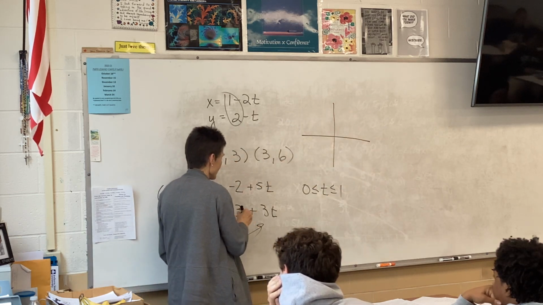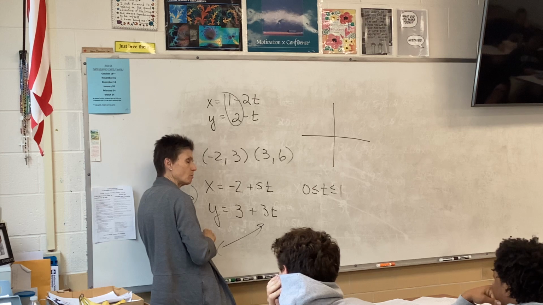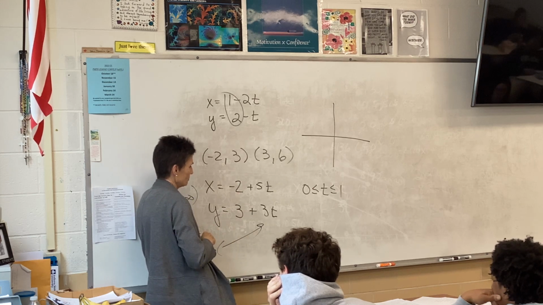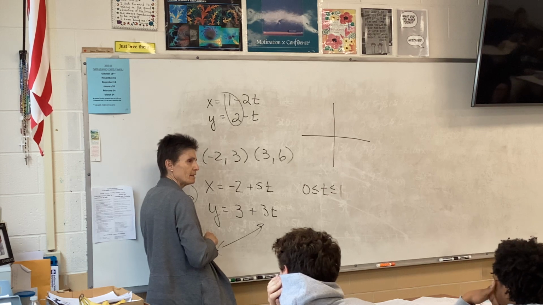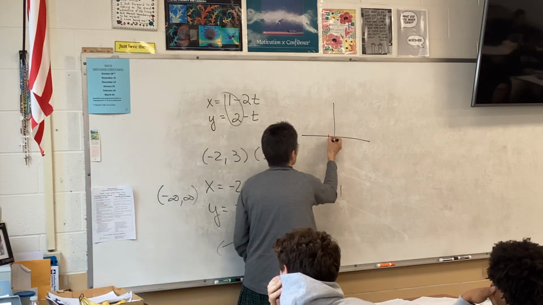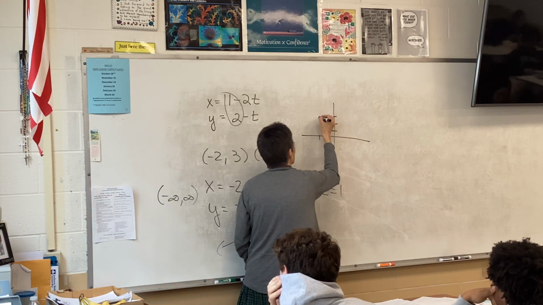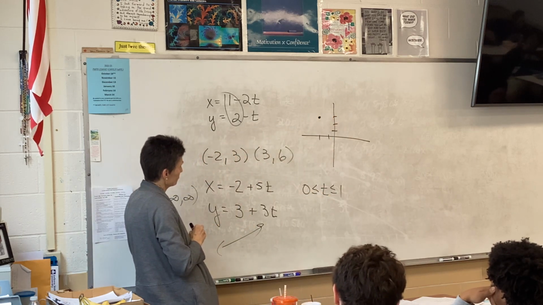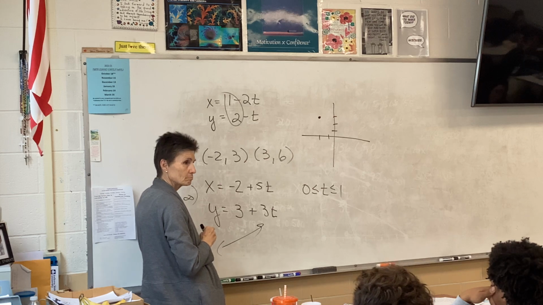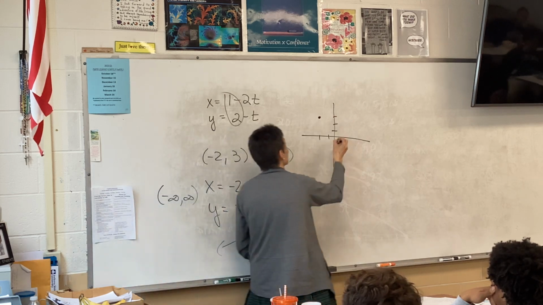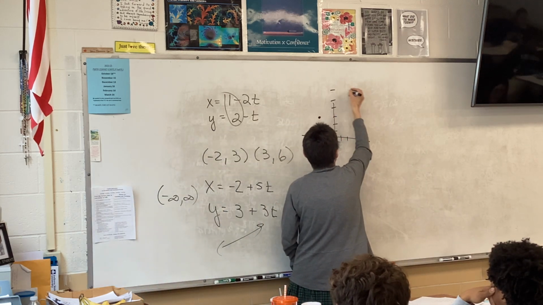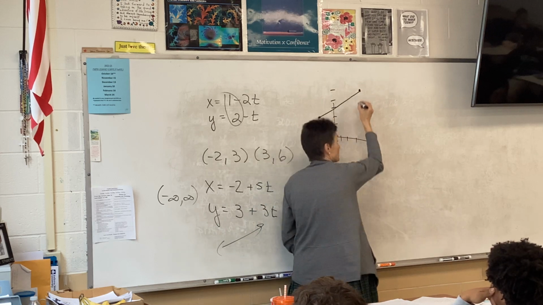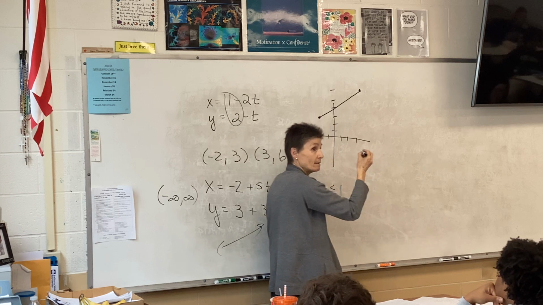Well, what happens if I let t be 0? What do I get if I let t be 0? Point -2, 3. And what happens if I let t be 1? And t can be anything in between those two, right?